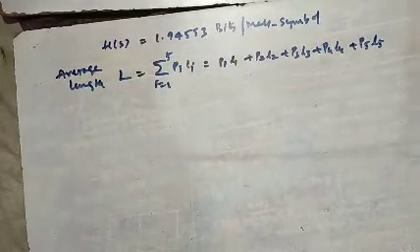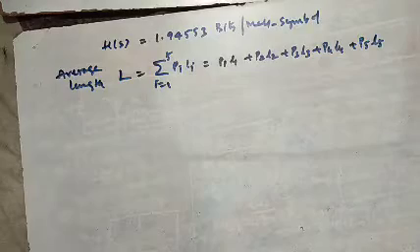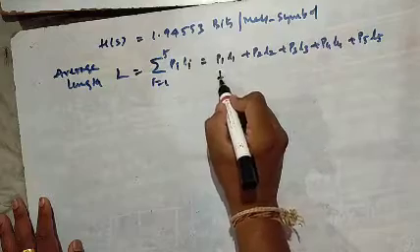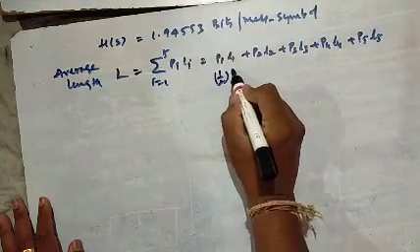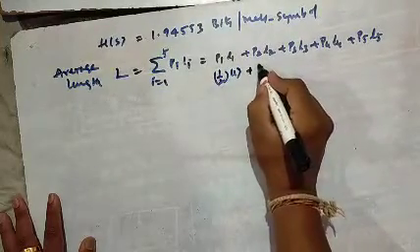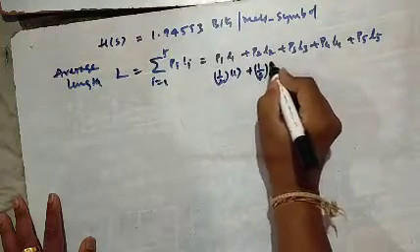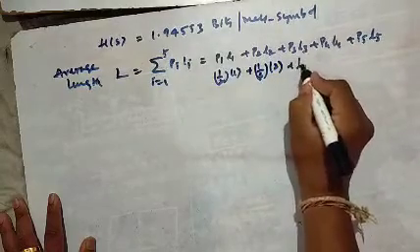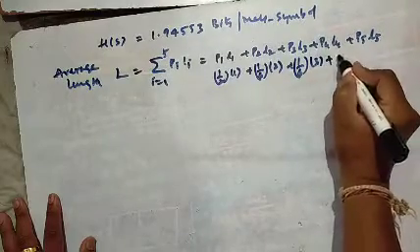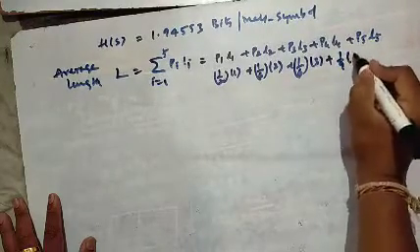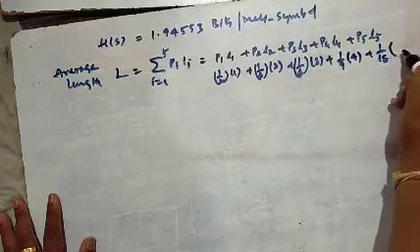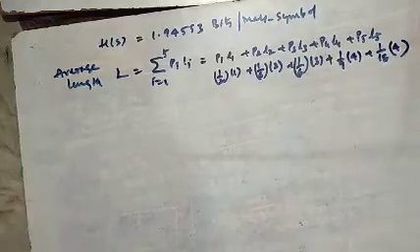What is P1? P are probabilities of the symbols, L are the length of the symbols. So P1 is 1 by 2 and the length L1 is 1. Plus P2 is 1 by 6, L2 is 2, plus P3 is 1 by 6, L3 is 3, plus P4 is 1 by 9, L4 is 4, plus P5 is 1 by 18, L5 is also 4.